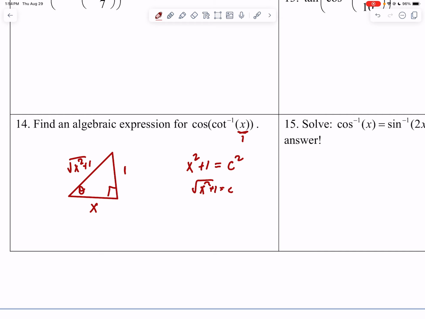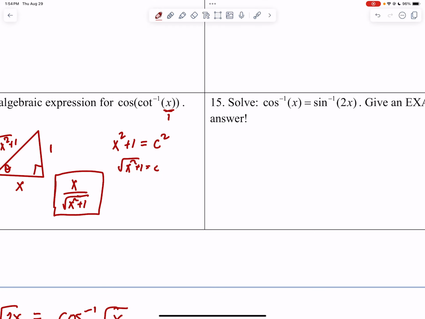Now, because I want to find cosine of the inverse cotangent, which is this lovely triangle here, cosine of theta is going to be adjacent over hypotenuse. And honestly, you could just leave it like this and call it a day.